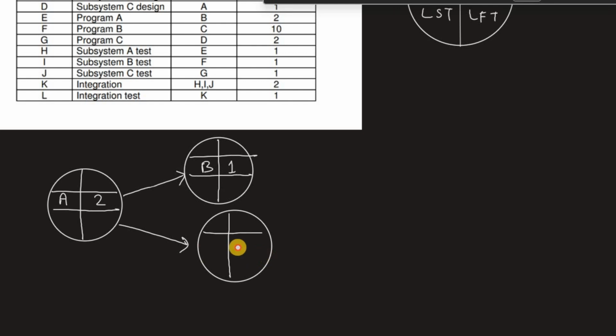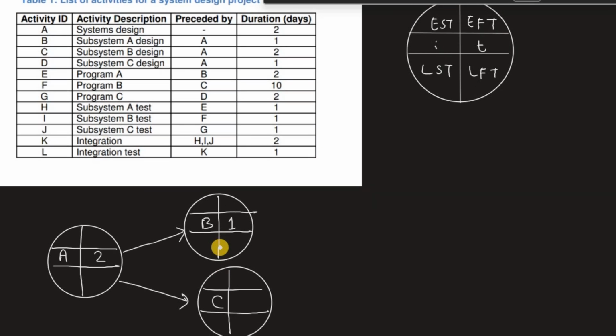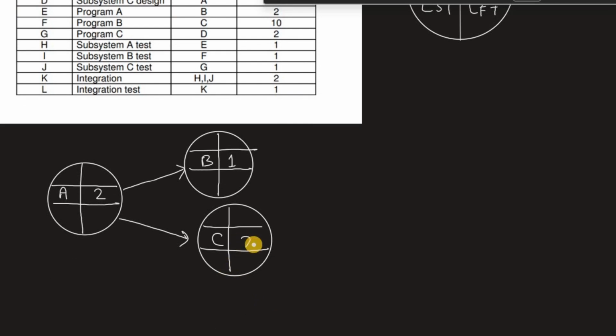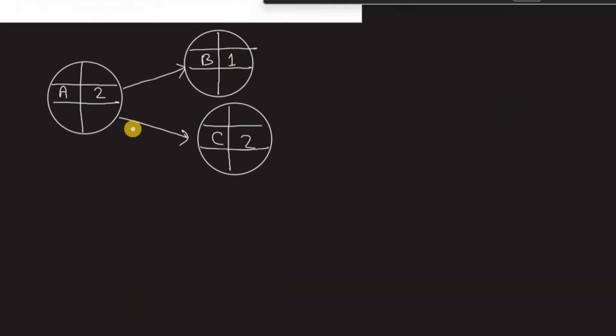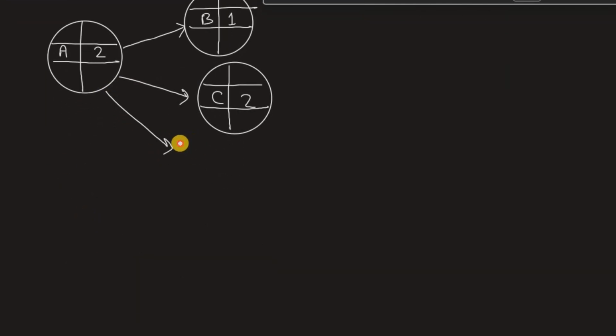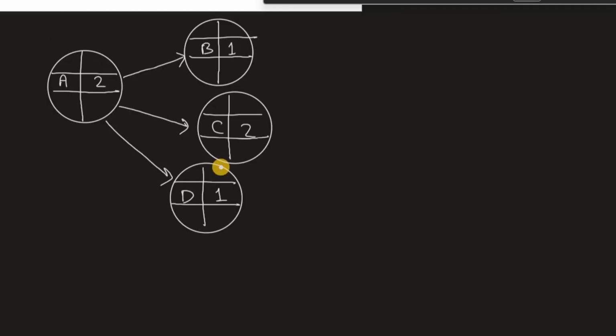So here we have our activity C, and the duration of activity C is 2. Next, activity D also depends on A, and the duration is 1.